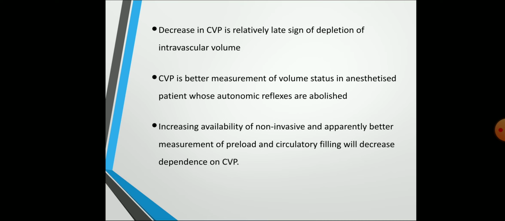CVP is a better measurement of volume status in anesthetized patients whose autonomic reflexes are abolished. That is why we are using central venous pressure, as a measurement to find out the volume status of the patient, so that you can give fluids if you feel the CVP is low, and restrict fluids if it is high. But it is not very foolproof or a very good thing.